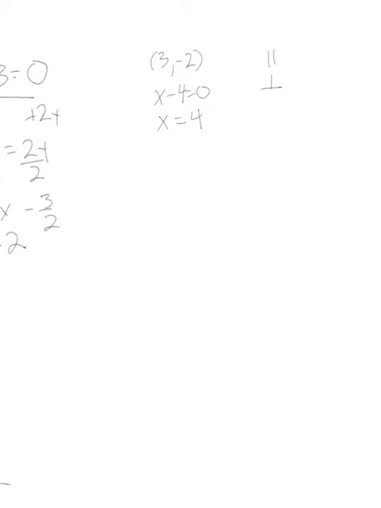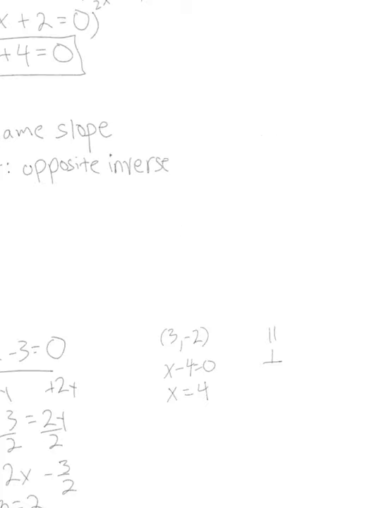So remember, let's go to one of the graphs. So it's point (3, 2) and x equals 4. So x equals 4 and the point is (3, 2).